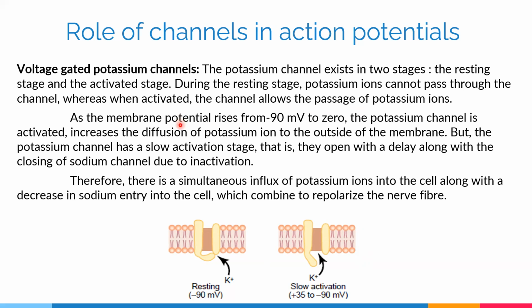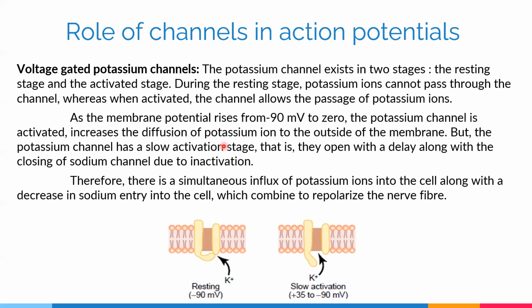As the membrane potential gradually rises from minus 90 millivolts to zero, the potassium channel is also activated. But the potassium channel has a delay in activation, or activates very slowly. Once activated, it allows a huge diffusion of potassium ions from inside of the cell to the outside. That is the opposite of the sodium gradient.